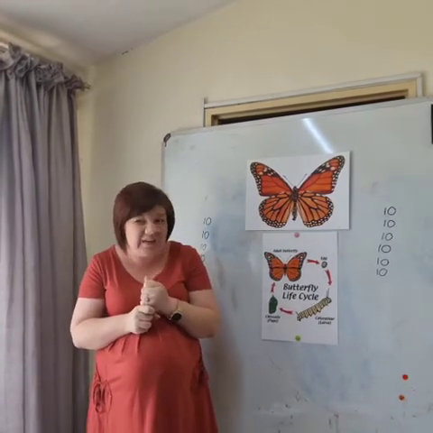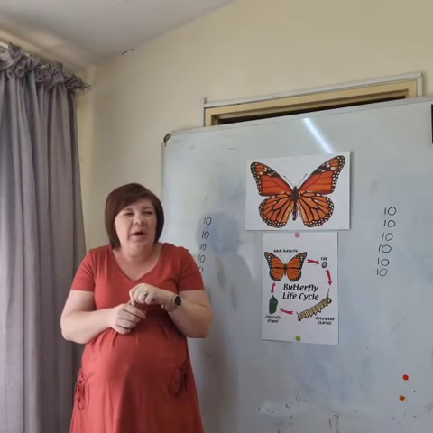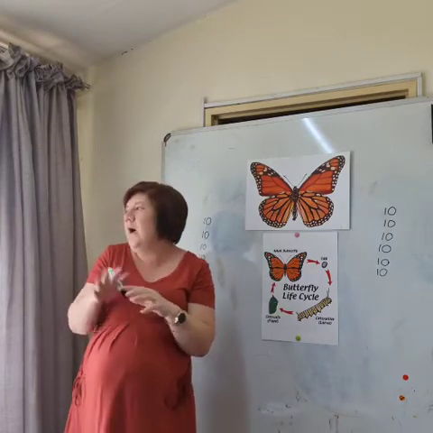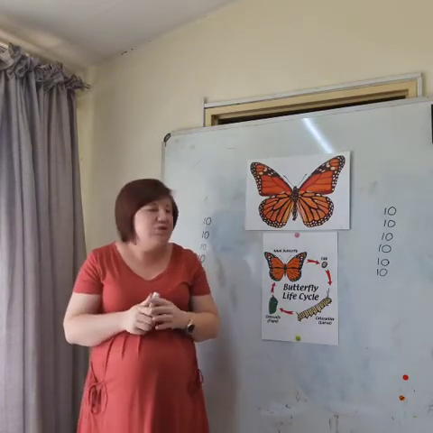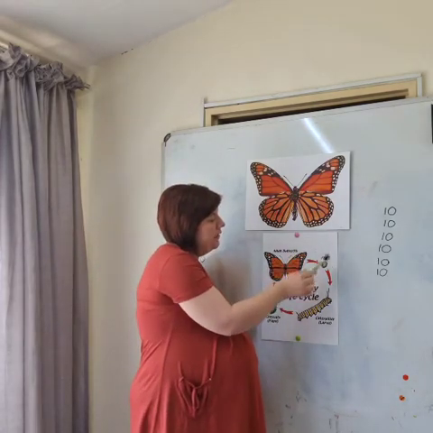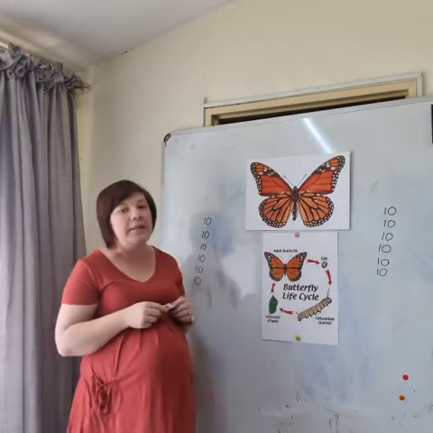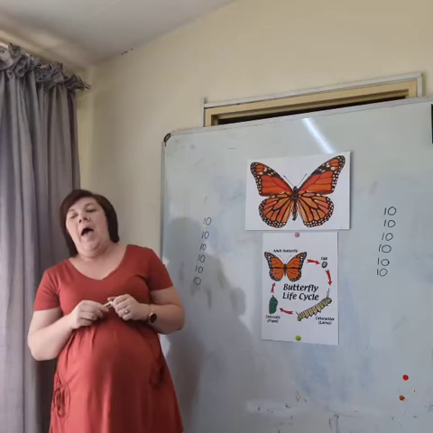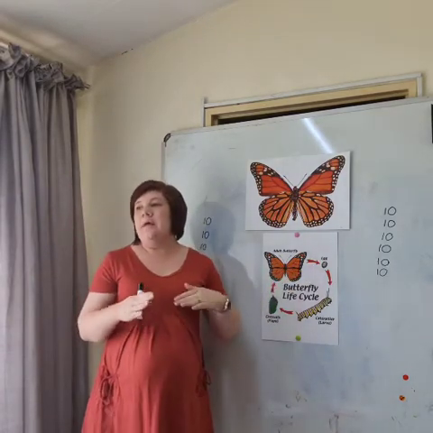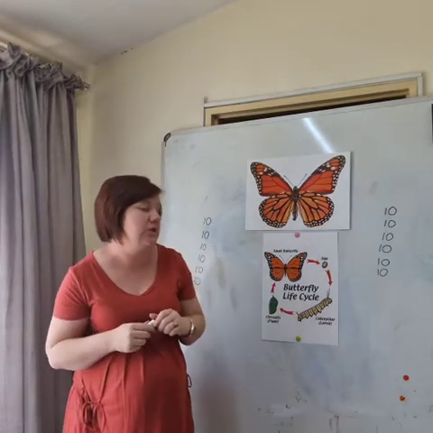And these eggs are very teeny tiny. So it might be quite difficult for us to just find it around in nature. So this is where the mommy butterfly comes on the leaf, and then she lays her little eggs on the leaf. And then when she laid the eggs, the life cycle continues on to the second stage.